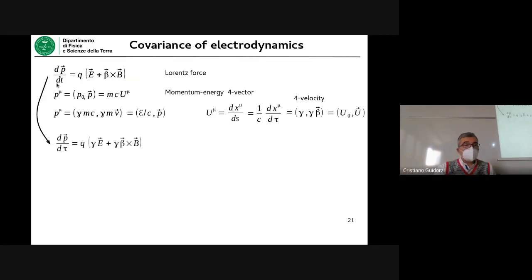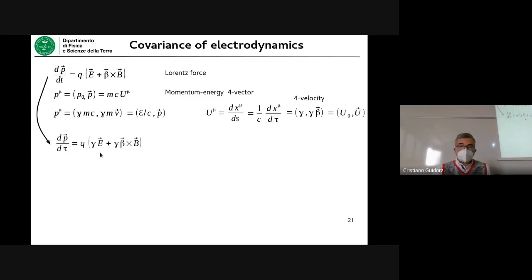So in particular, instead of dt, I express dt as a function of the corresponding proper time interval. If you remember, dt is gamma d tau. So I just replace dt with gamma d tau, and gamma goes on the other side of the equation.